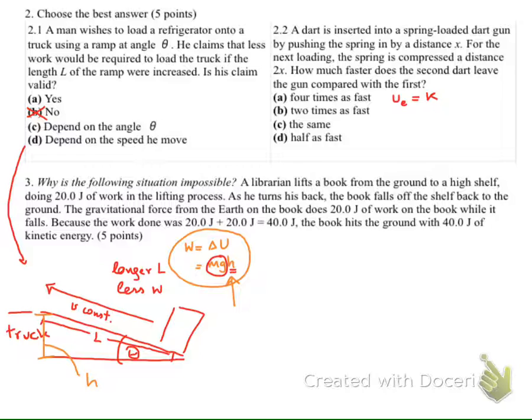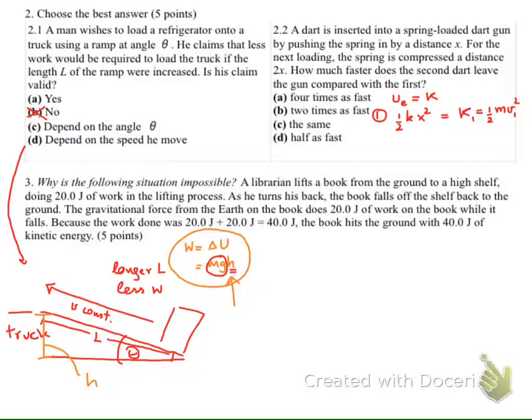Okay, so for the first round you have the elastic potential, 1/2 kx squared, equal to the kinetic energy 1, which is 1/2 mv1 squared.